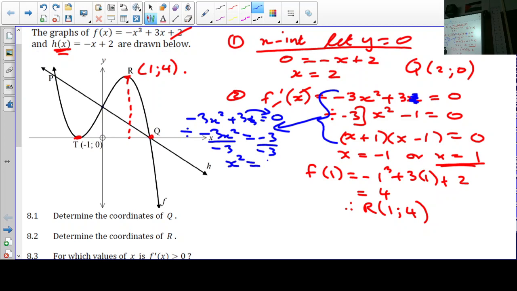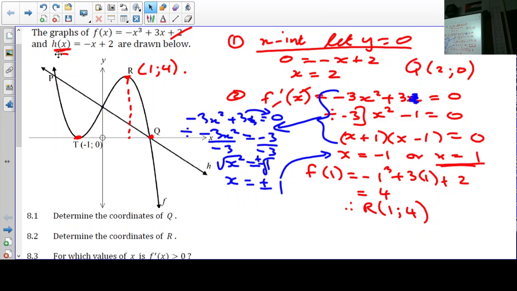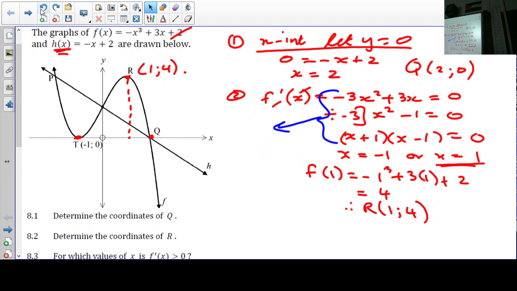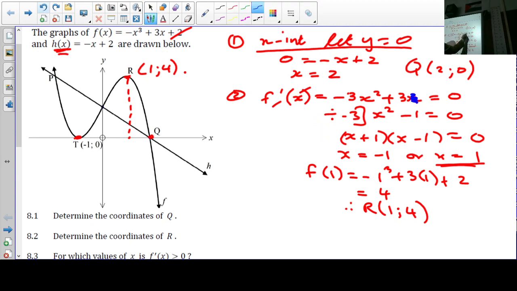So x squared is equal to 1. Introducing the square root, plus or minus, x is plus or minus 1. That is just another way I could have done exactly the same thing. Taking this out, so that's my mistake.